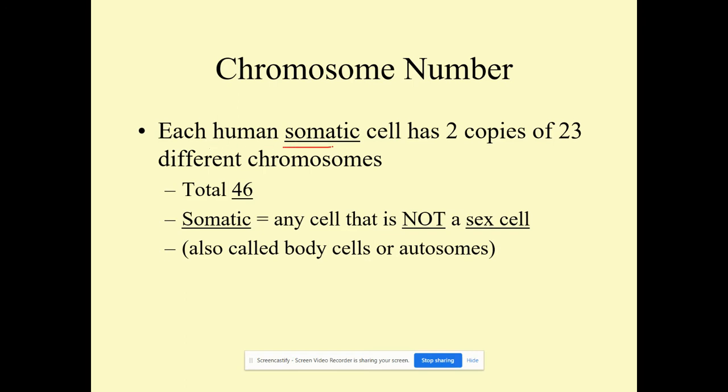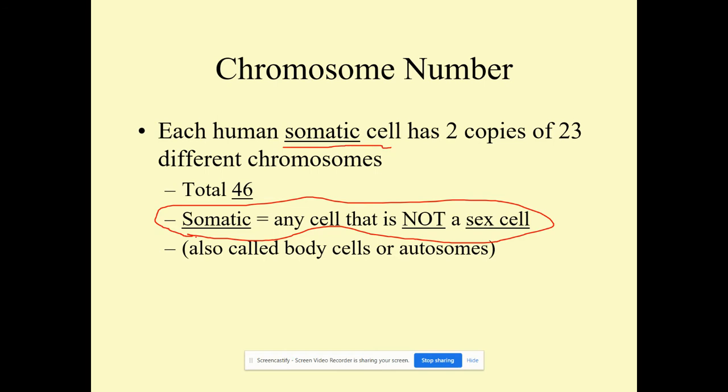So, this idea of something called a somatic cell is a really important idea. I should have asked you this, because some of you probably remember that a human being has 23 pairs of chromosomes.